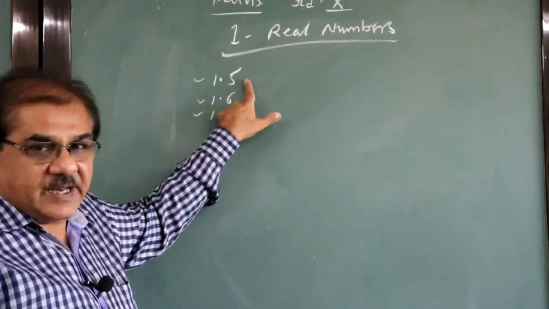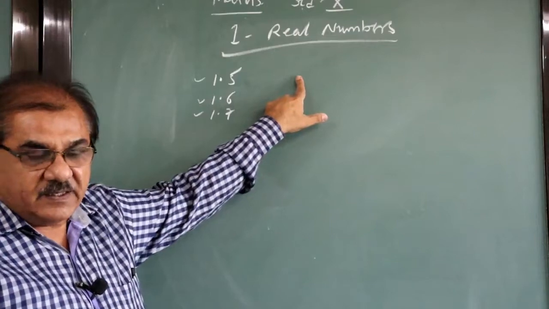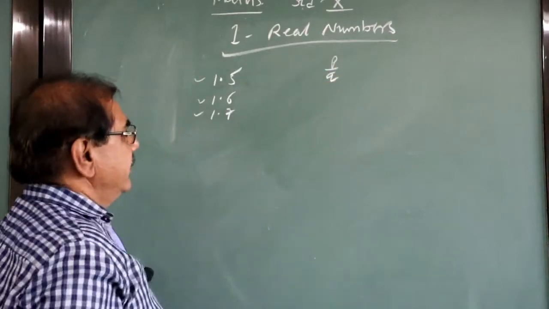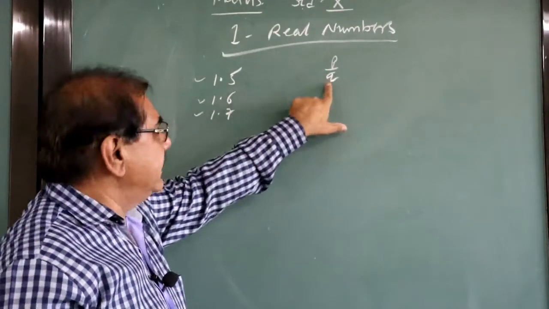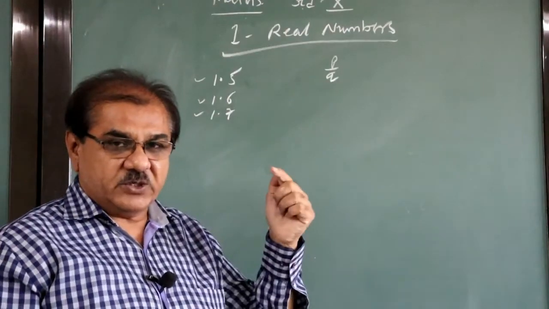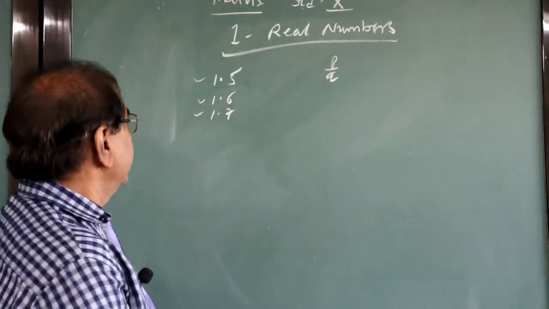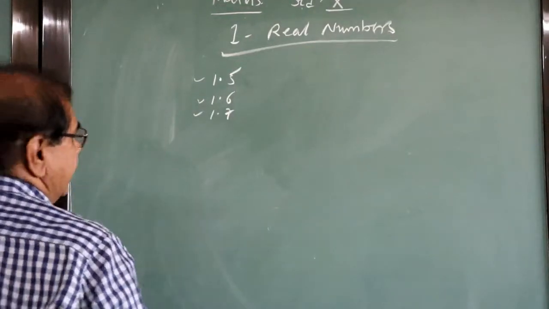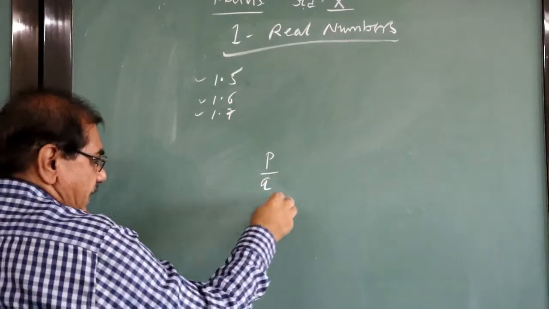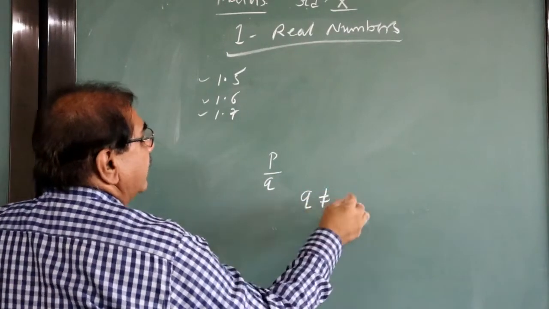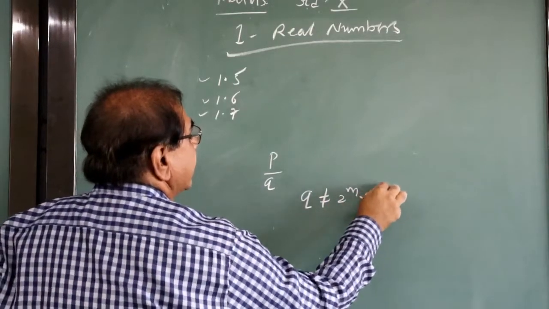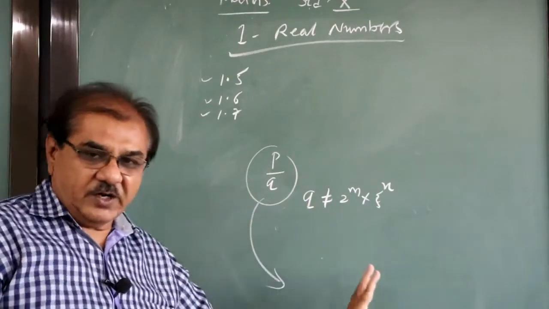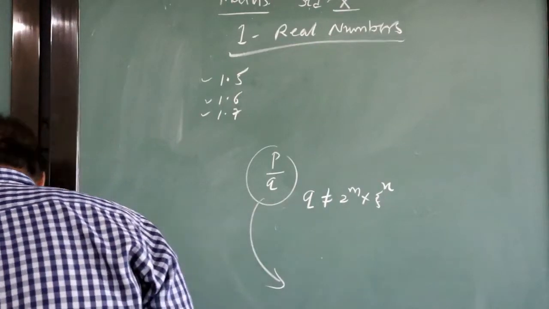If x is a number whose decimal expansion is terminating, then the number can be written in the form of p upon q, where p and q are co-prime, and the prime factorization of q is in the form of 2 raised to n multiplied by 5 raised to m. 1.6 was the converse of 1.5, and 1.7 was: if in the fraction p upon q, the prime factorization of q is not of the form 2 raised to m into 5 raised to n, then the decimal expansion of this rational number is non-terminating and recurring. That much we have seen.